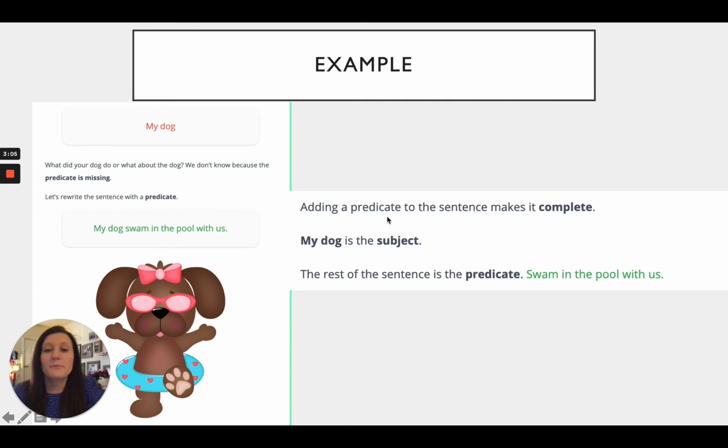So adding a predicate to the sentence makes it complete. So my dog is the subject, and then the rest of the sentence is the predicate: swam in the pool with us. So just having my dog is not a complete sentence because we only have the subject, we don't have the verb, which we find in the predicate.